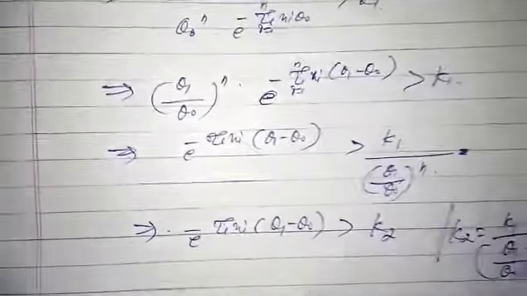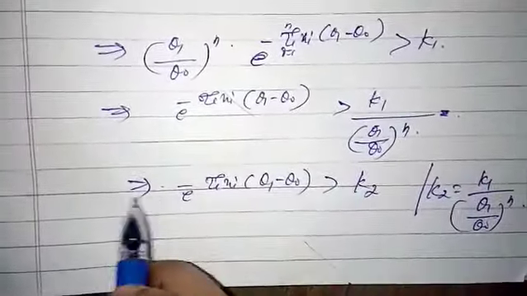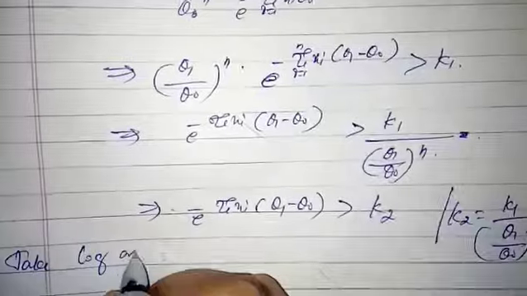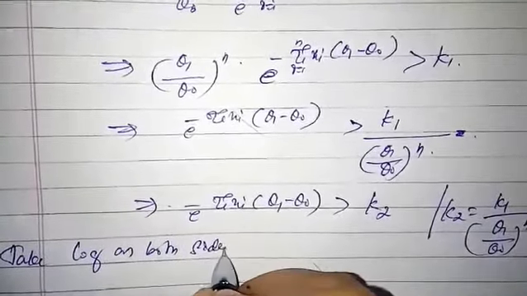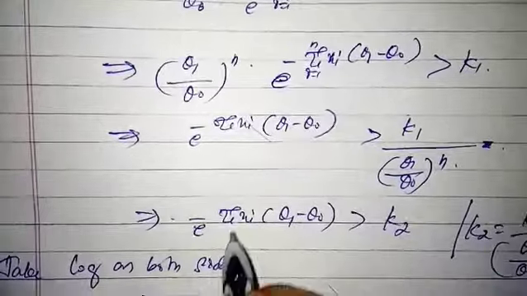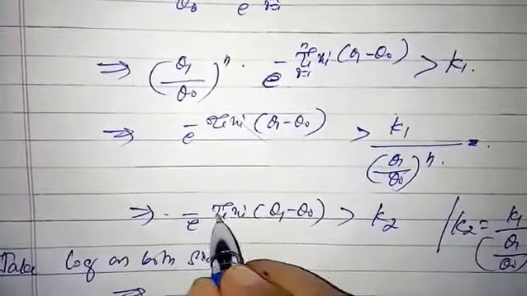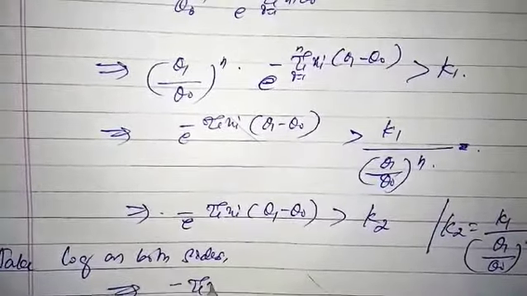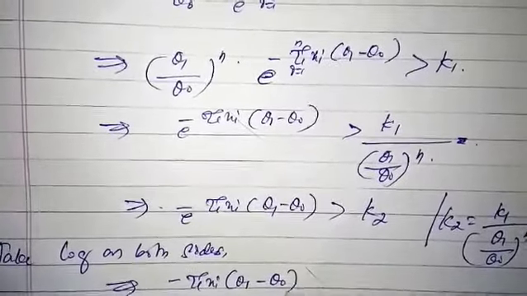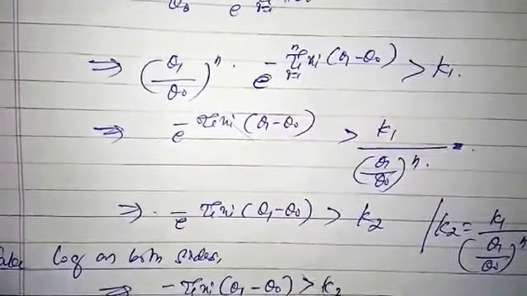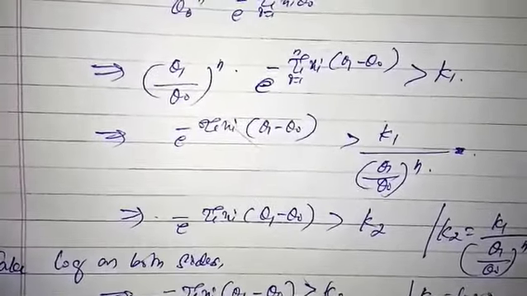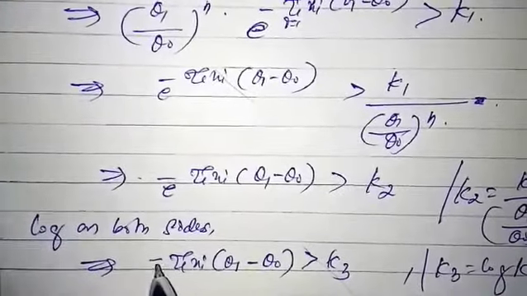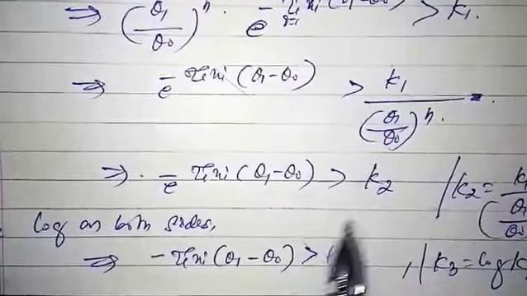Here we need summation xi, so we take log on both sides, which implies minus summation xi times theta 1 minus theta naught is greater than k3, where k3 equals log k2. Here we need only the summation xi term, so the extra factor is minus into theta 1 minus theta naught.